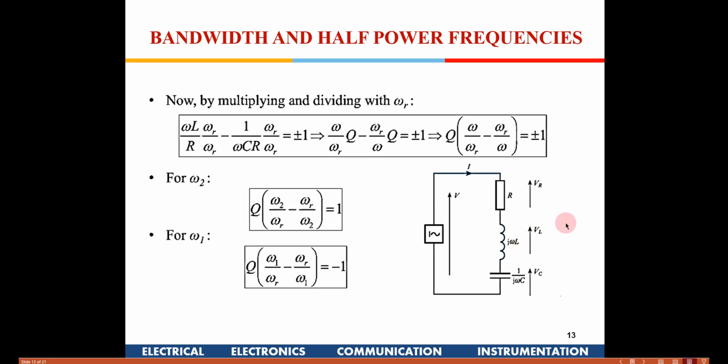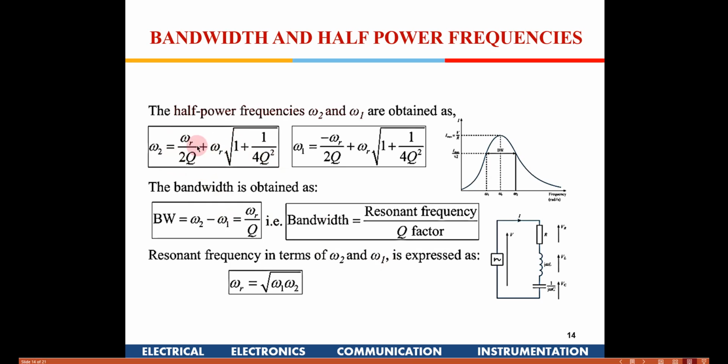Again, Q is L omega by R, so you can compute it. Then the next step is to find the bandwidth. For the bandwidth, you need to know omega 2 and omega 1. So using these two formulas, we can compute the values of omega 2 and omega 1. That's how we compute the bandwidth.